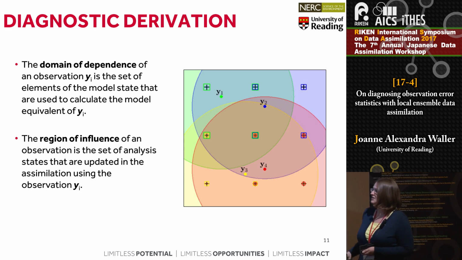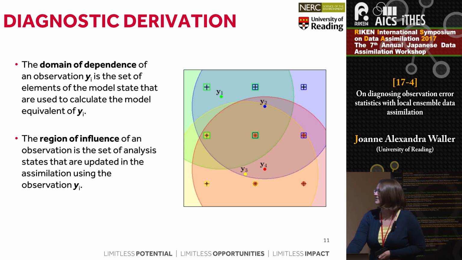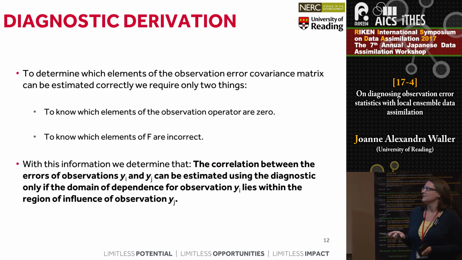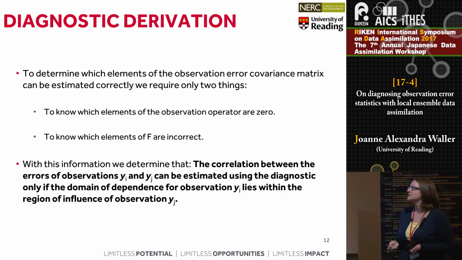Knowing that information is enough to tell us about the Desroziers diagnostic and when it's useful. Effectively, what we need to know is when F is correct and when the elements of the observation operator are 0. This is related to the domain of dependence, and this is related to the region of influence.